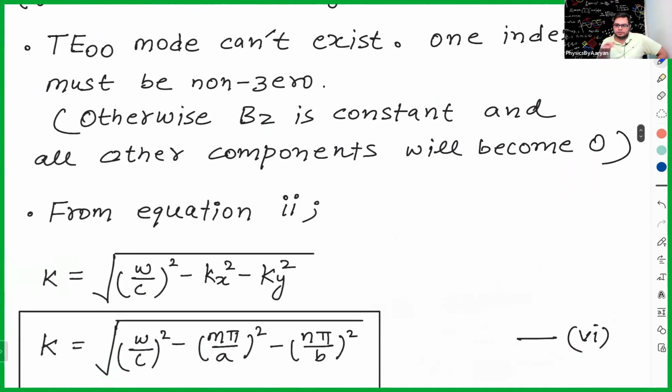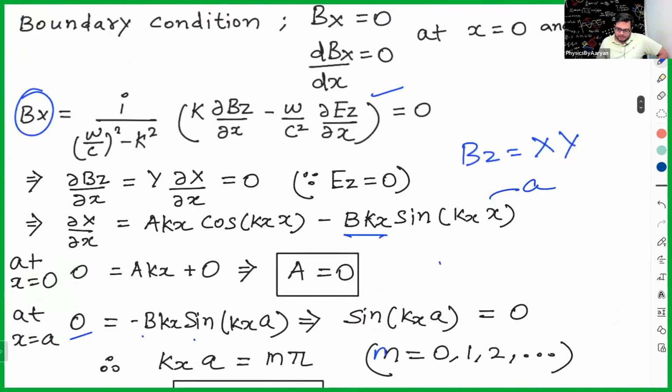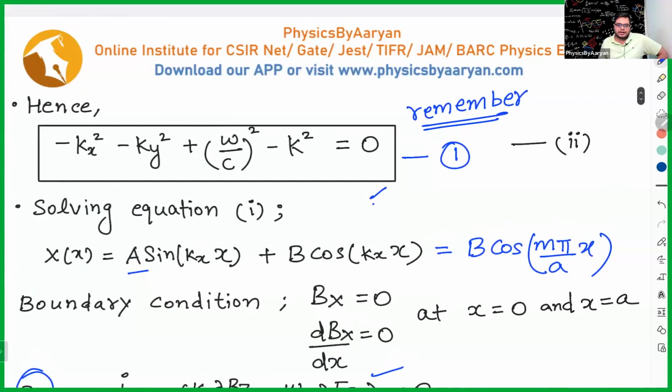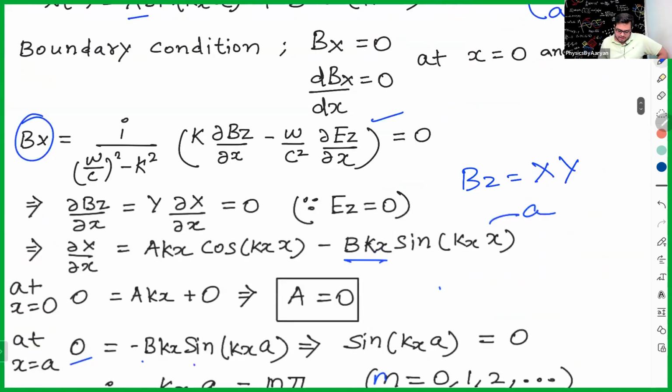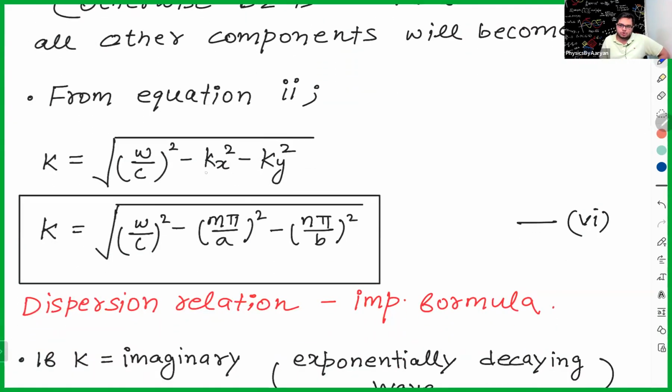Now another important equation. It's not something new, I'm just rewriting it. If I rewrite this, I get k square equals omega by c square minus kx square minus ky square. If I take the square root on both sides, I get this. And then I also put in my kx and ky values.